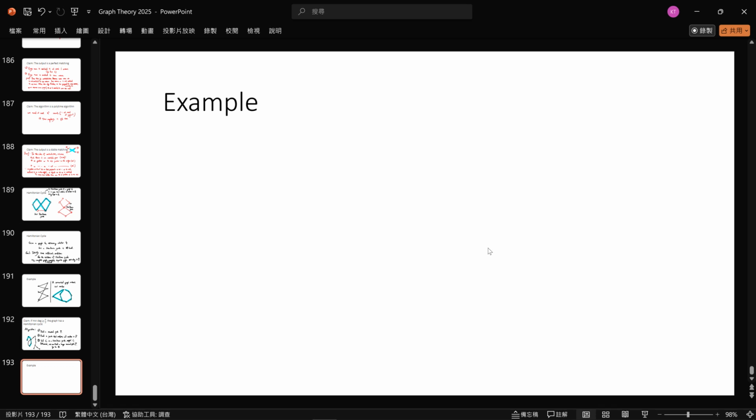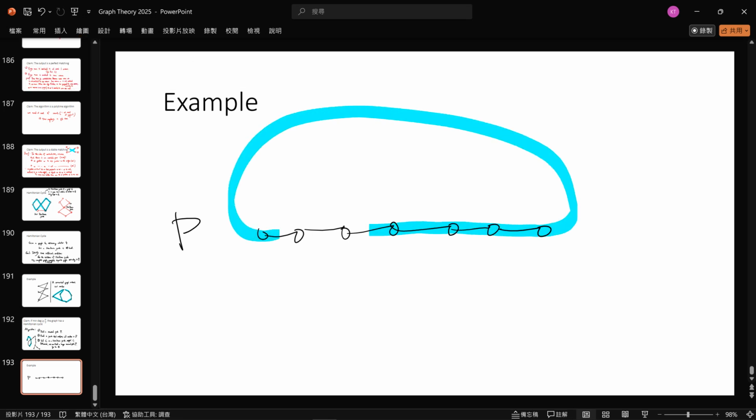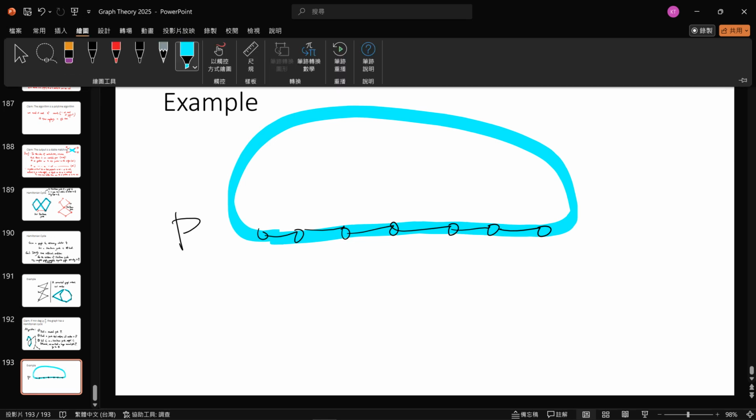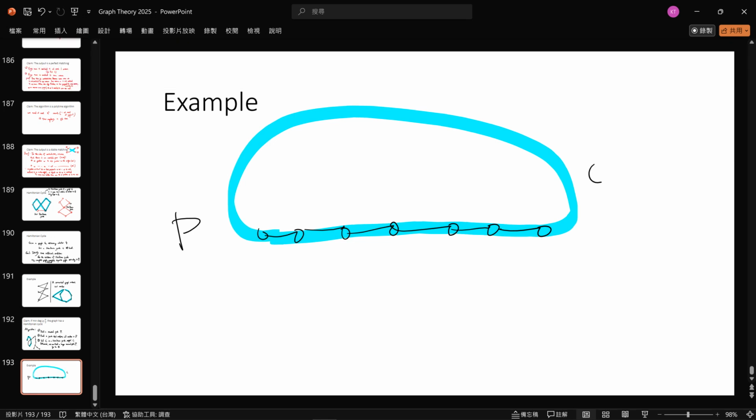So we start from a maximal path P, and we have a cycle C that contains all the vertices on the path P. If this C is not a Hamiltonian cycle, this means some vertex V is not on the cycle.